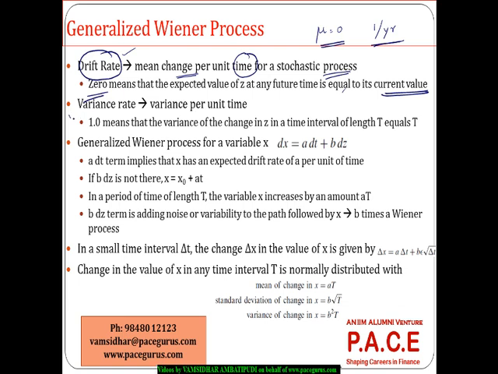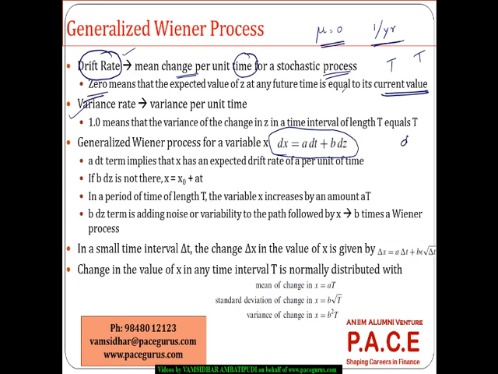When I use the words variance rate, it is like variance per unit time. If that value is 1, then when I'm talking of t periods, t years, the variance will be equal to t itself. But now, in this generalized Wiener process, I'm trying to bring in a non-zero mean and a non-unit variance.